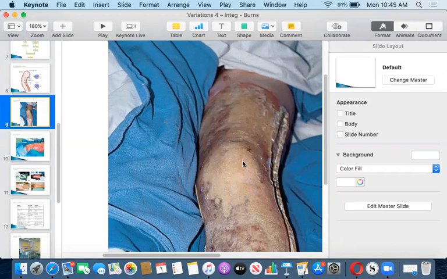It's compressing blood vessels, so circulation is impaired to the extremity. It's compressing nerves. So there could be pain or there could be absence of sensation, and again, a risk of having to amputate the limb.